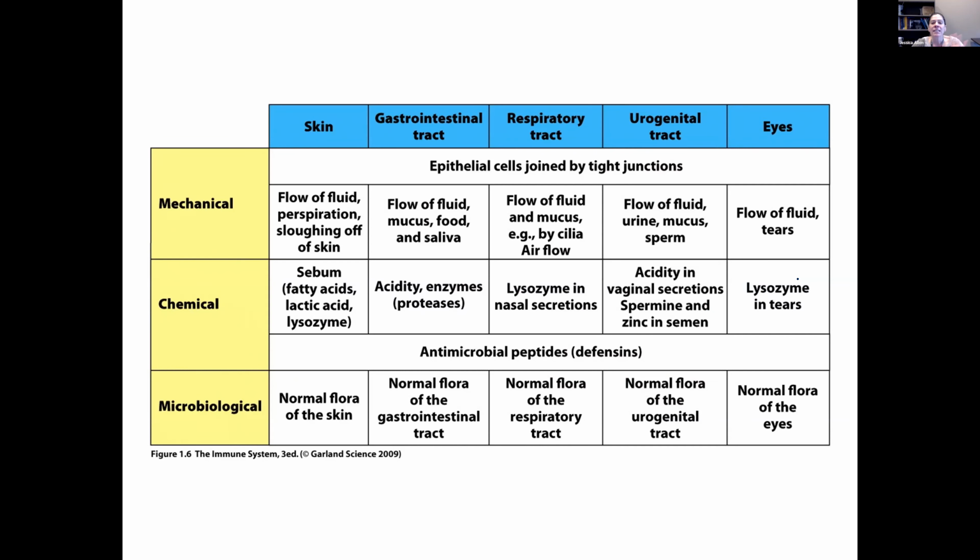So basically all parts of our body will have aspects of these mechanical, chemical, and microbiological barriers. Mechanical, again, just being physical barriers, whether that's tears coming out or saliva flushing things down. We cough up phlegm to get rid of some of the crap that has come in and gotten stuck.